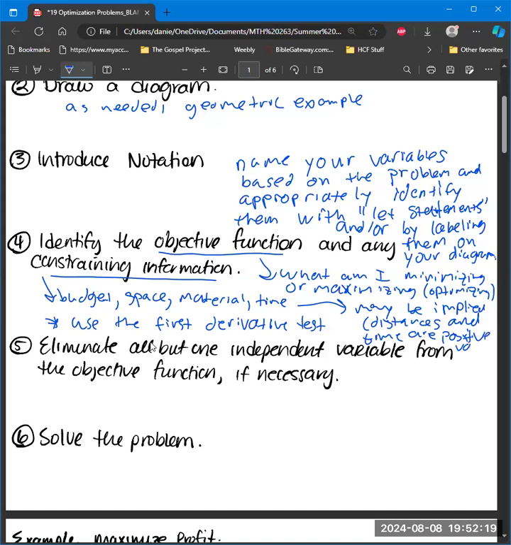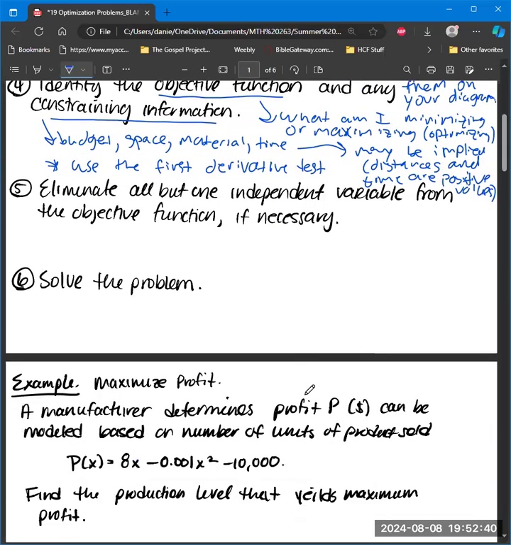It may be implied for things like you don't want to have a negative profit because then you're losing money and you're going out of business, things like that. So you may only be considering a portion of the graph which is feasible for the context of your problem.